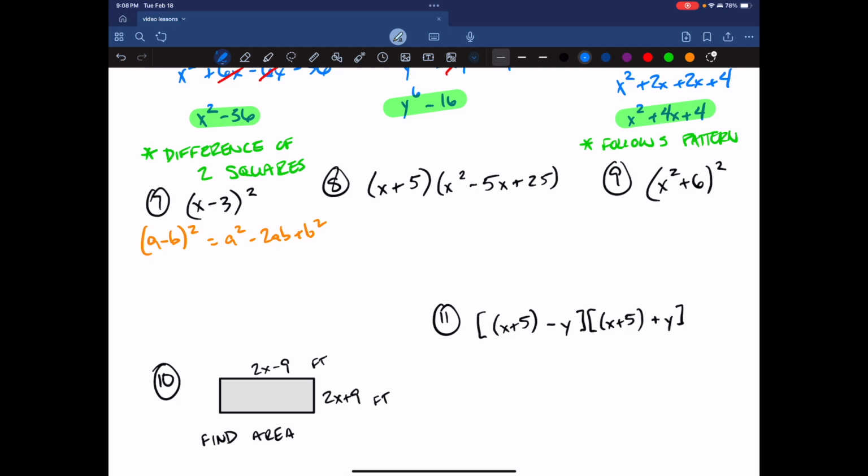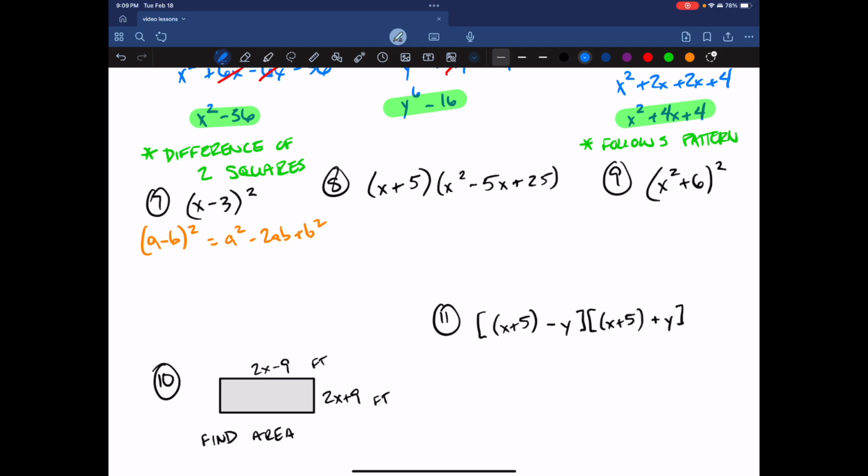We expect my first term squared to be x squared. My second term squared is my last term, so that's going to be a positive 9. And then if I take the two terms together, x and negative 3, I multiply those two together, I get negative 3x, and then I double it, it's negative 6x. So I should get x squared minus 6x plus 9.